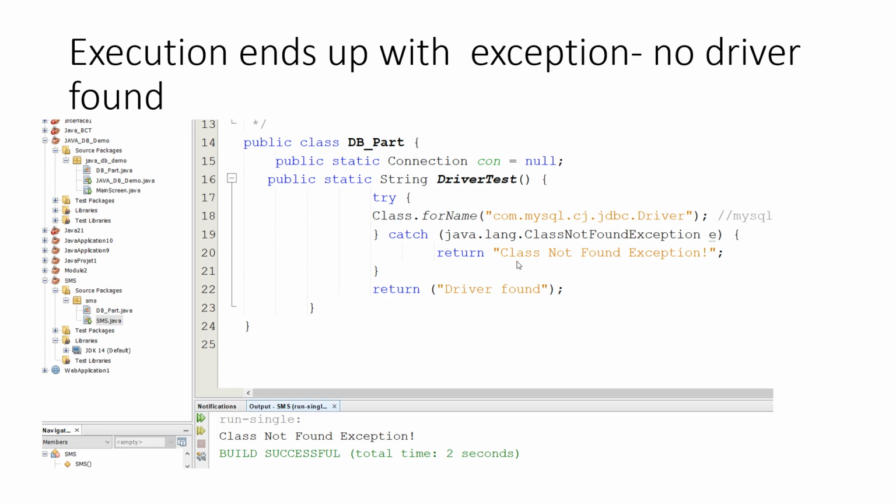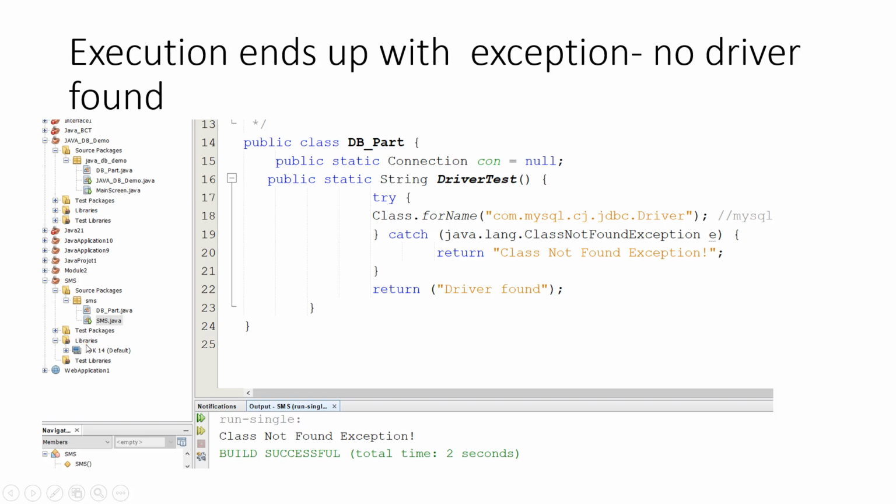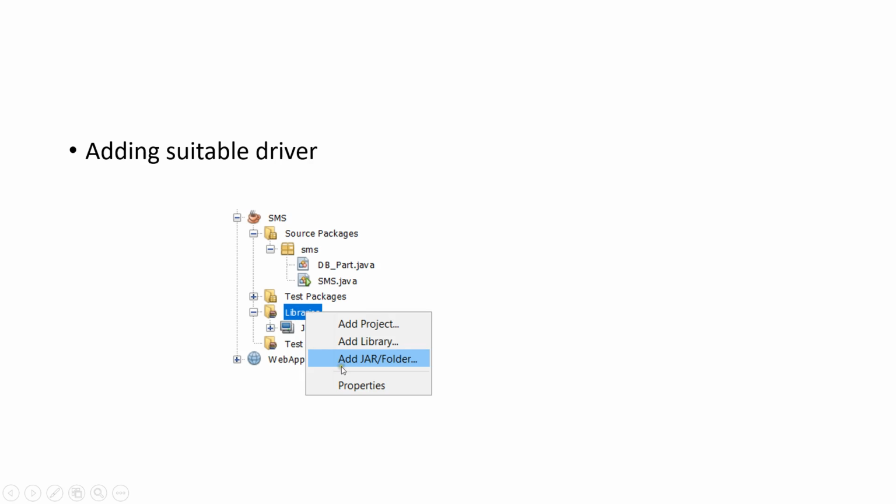database developer work starts. For that, you have to right click over libraries. Choose add jar folder. As we have already downloaded that connector file, it might be in the download folder or anywhere, that you have to add to the project. Add jar folder.